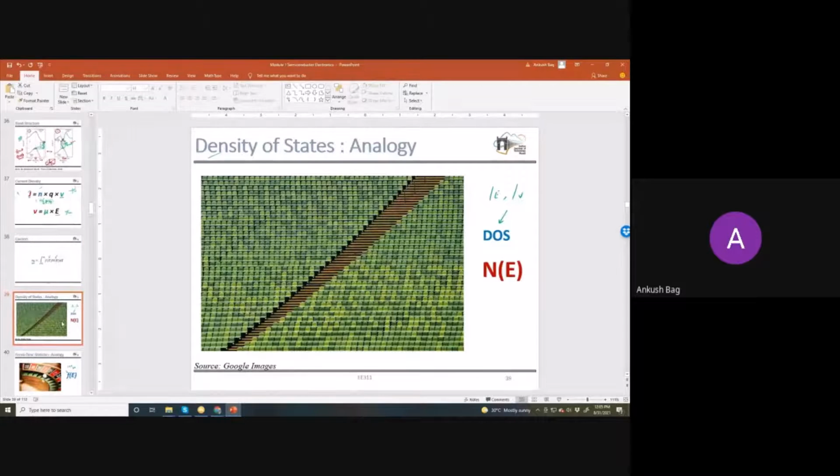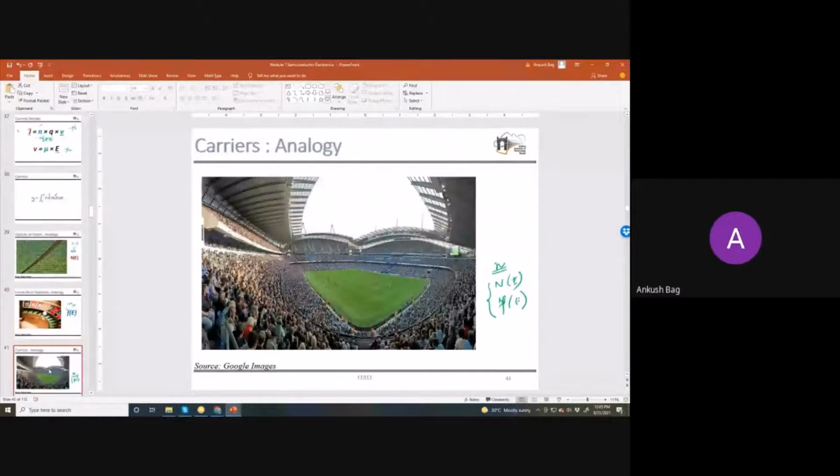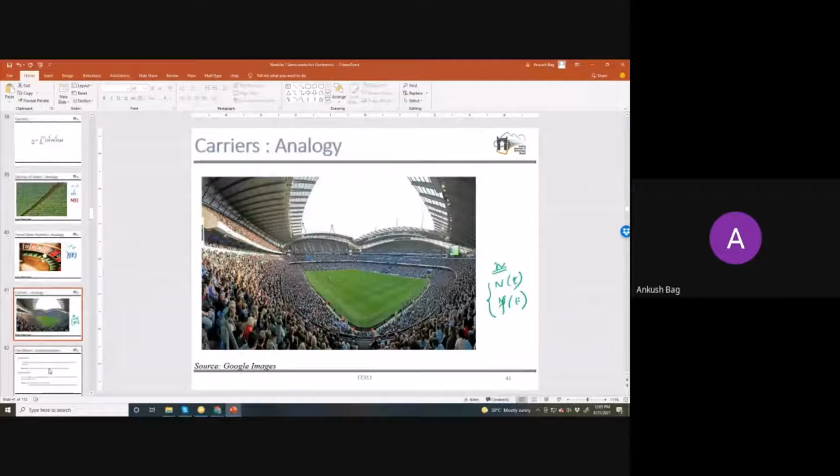Then we took an analogy with open chairs available in a particular gallery, and whether on a particular day those chairs will be filled up by spectators or viewers or not. Eventually, that will decide how many spectators will be there in the football ground or in a match.